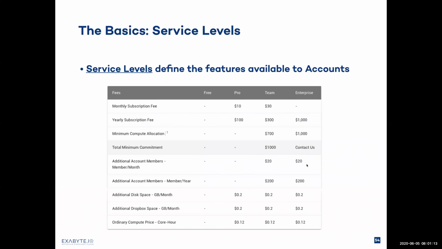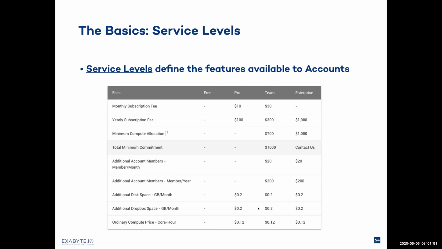Now, the platform that we work with provides multiple different service levels. Service levels that define the features that are available to the accounts. And we have 4 different service levels as of today. Each of them serves a different purpose. So initially, all accounts start with the free service level to test the functionality. And then if they want to, they can migrate to having a pro level, which is meant for individual users to prototype calculations on their own, to run calculations on their own.